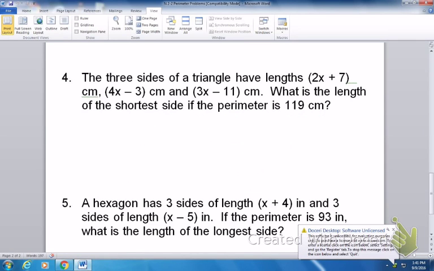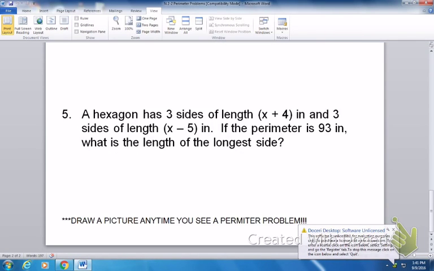Let's go get this last problem out of the way. Now, a hexagon, guys, is a 6-sided figure. It does not have to look perfect, but do your best. You draw a vertical line, kind of go down and over for both of those, another horizontal. You might want to draw it a little bigger than that also, because we want to be able to see what we're doing. So there's my hexagon, and it tells me 3 of the sides are x plus 4.